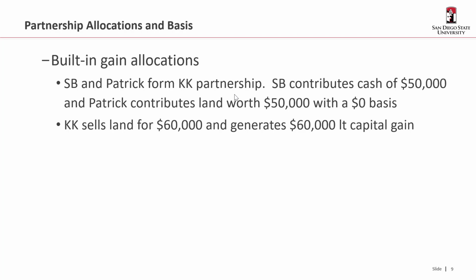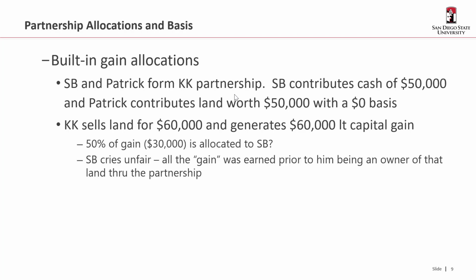So in the ordinary course of business, that gain would be allocated 50% to SpongeBob, 50% to Patrick. But SpongeBob cries unfair and says, look, basically all, or not all, but most of the gain that was earned was prior to him being part owner of that land through its contribution to the partnership. The reality is it was Patrick who contributed when the market value was 50 and the basis was 0.